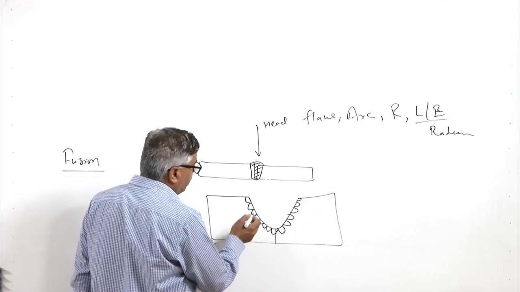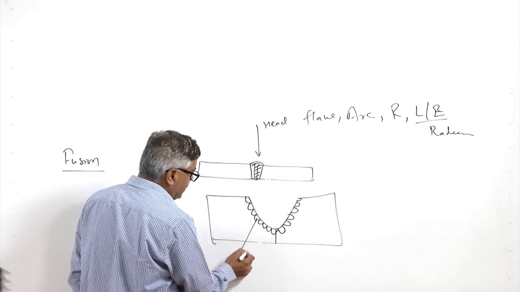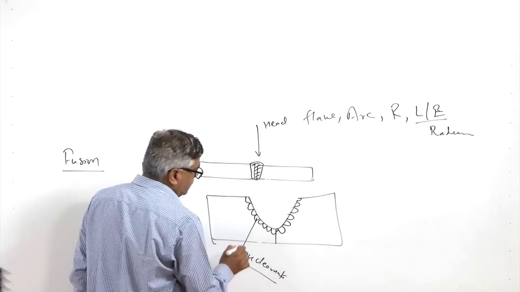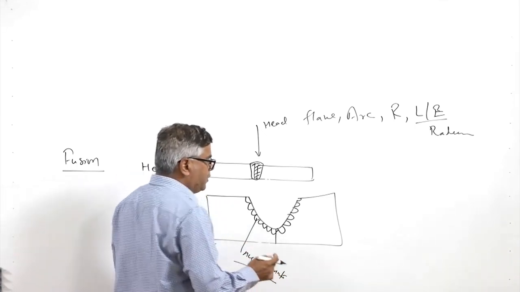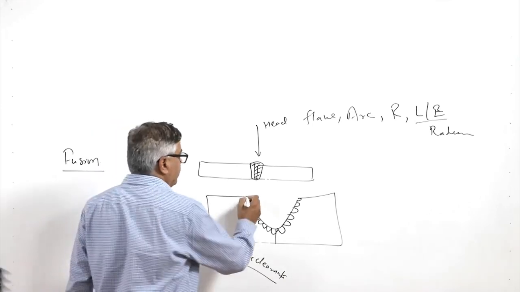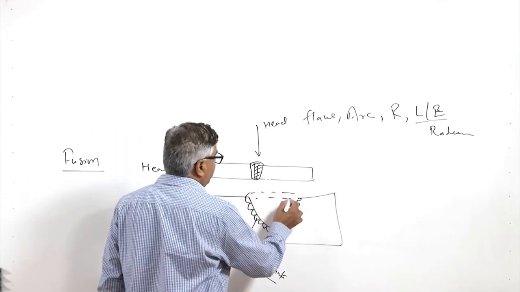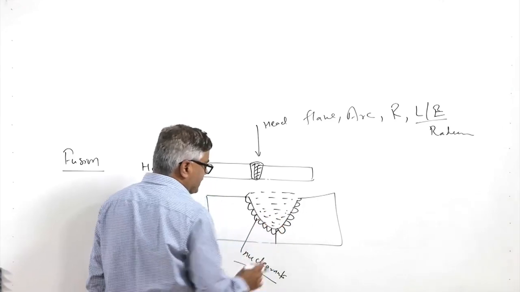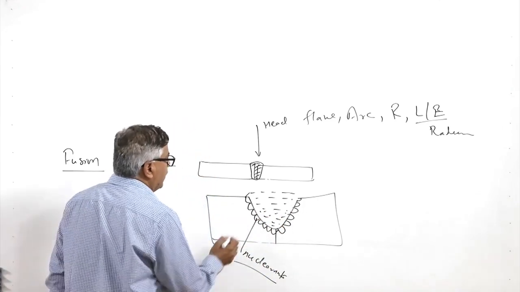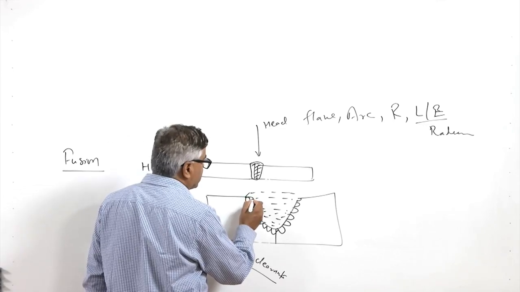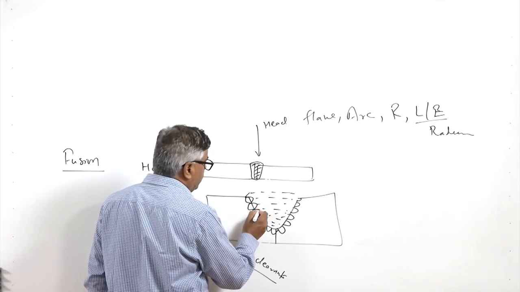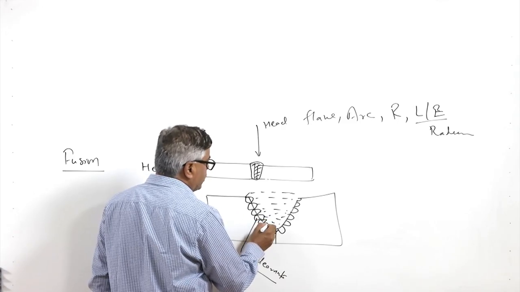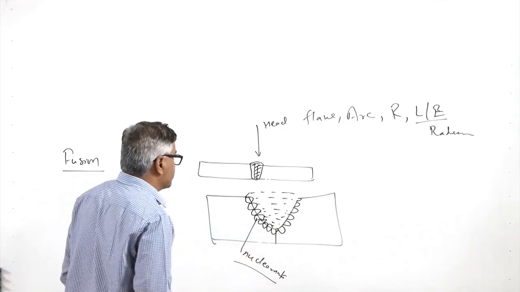These partially melted grains act as a nucleant, and due to the loss of heat from the weld pool, the atoms start getting deposited directly over these partially melted grains, and so the growth of the grains starts. In this case no nucleation is needed, because partially melted grains of the same composition are already present.